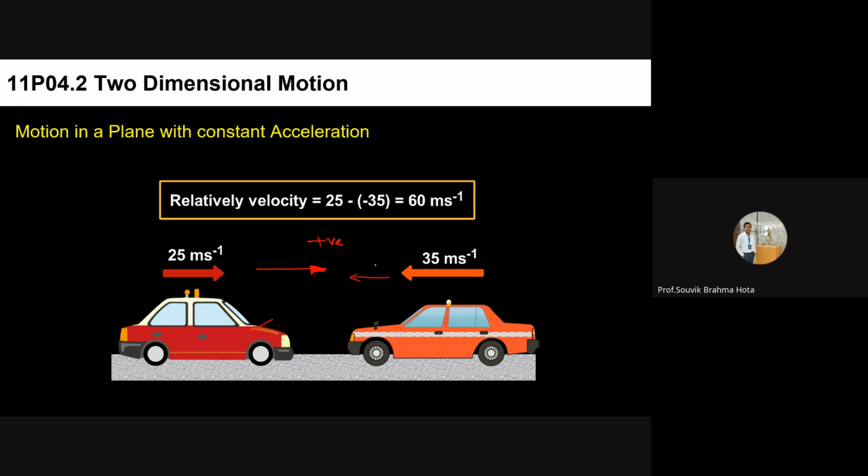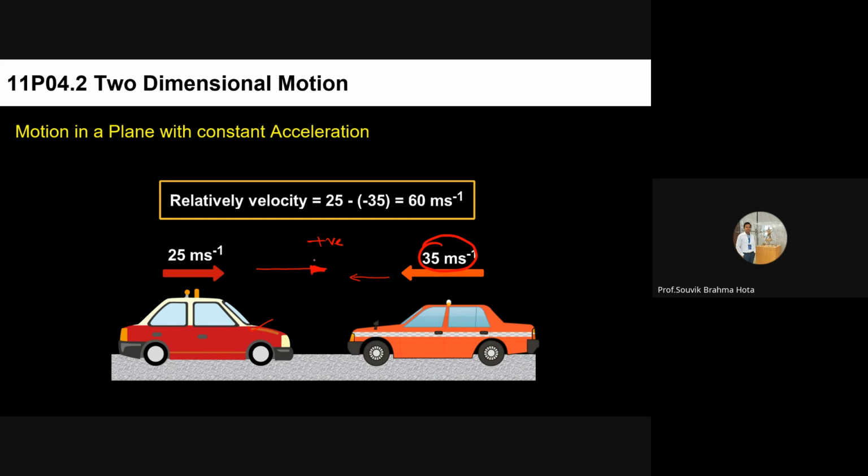So what you should do here is think in that way. When two objects are coming towards each other, why does this become negative? Because then you should think in another way.